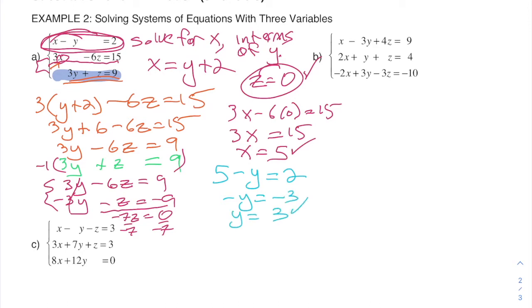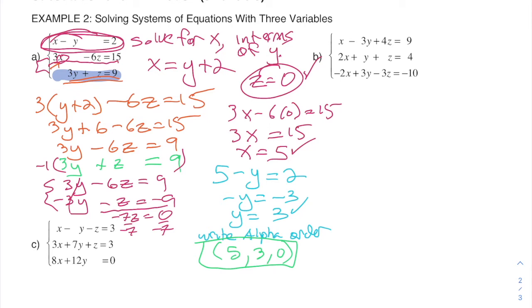So now I have x, y, and z, and we write this in alphabetical order. There's something called the XYZ plane, and when I write it in alphabetical order, my answer is going to be 5, 3, 0. And you could check. I'll let you guys do the check for fun on your own, but it works, trust me.